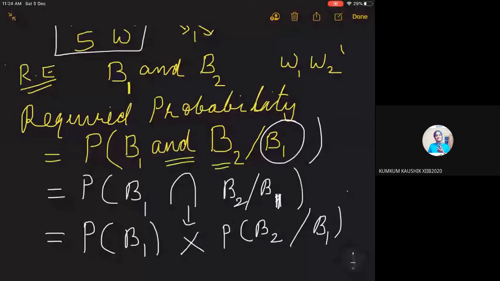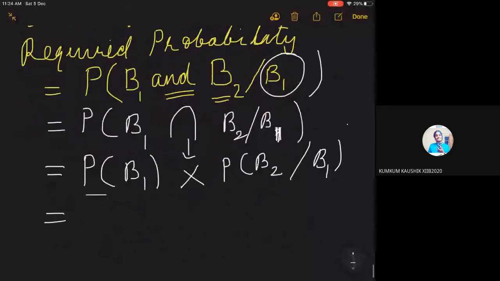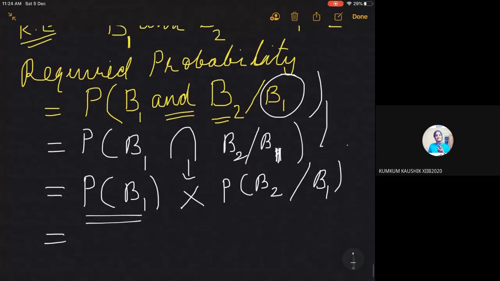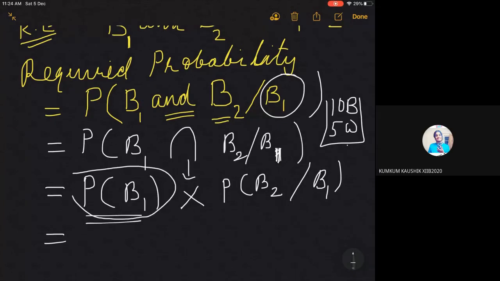Now, children, the probability of B1 is to be found out without a condition. Probability of B1 means what? The probability of taking one black ball from our bag. Our bag has how many black balls? 10 black and 5 white. Okay, I'm writing it on the right side. For this, just imagine the probability of B1, means the probability of selecting one black ball.